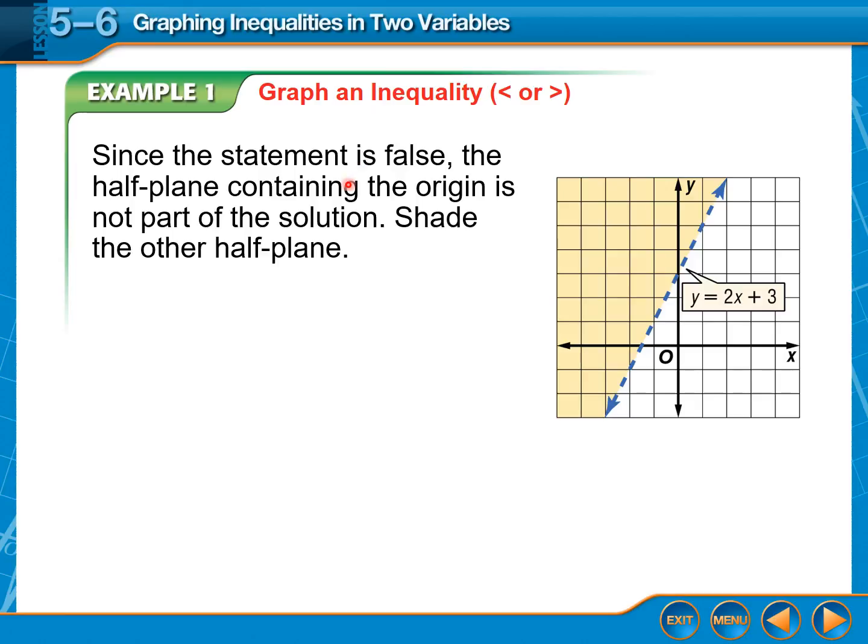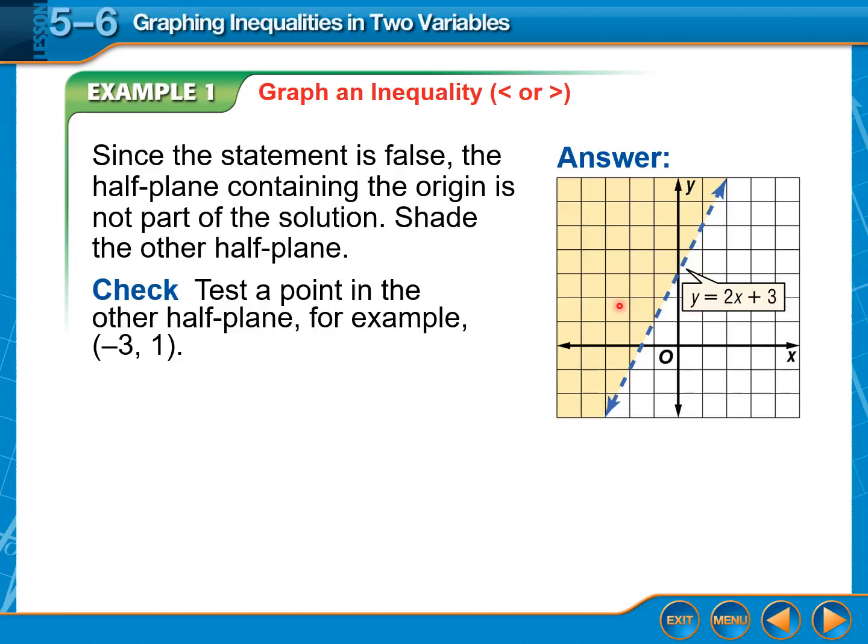Again, since the statement was false, the half plane containing the origin, or 0, 0, is not a part of the solution. We shade in the other half of the half plane because that's where all of these values make the inequality true. And we can test, if we choose a point on this side of the line, it should give me a true inequality.